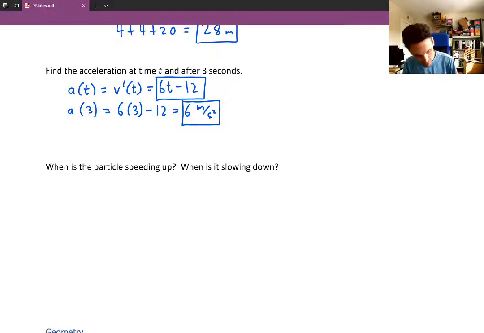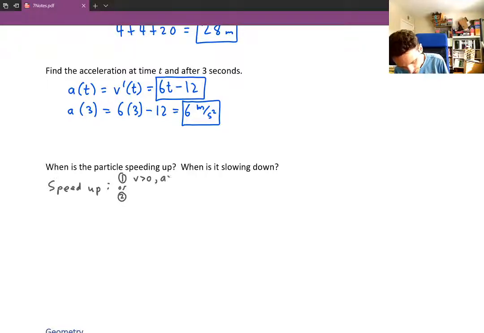So let's summarize those two ideas. The particle will speed up if velocity is positive and acceleration is positive, or if velocity is negative and acceleration is negative. In other words, same sign.